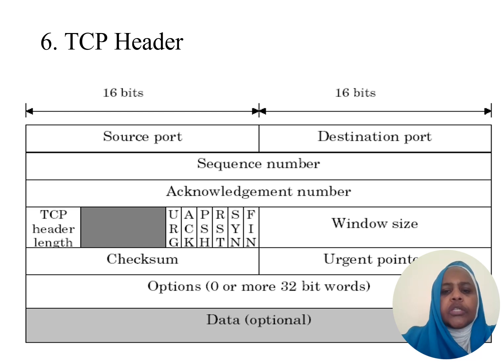There are options from 0 to 32 bit words, and then there is data, which is optional. Only the header can be sent if this is an acknowledgement without data.